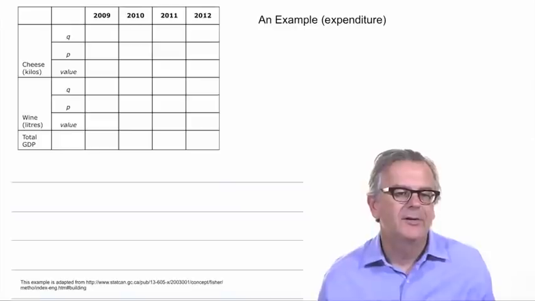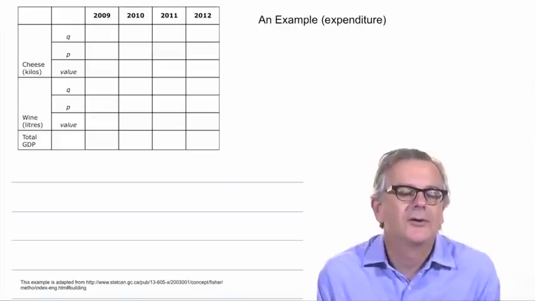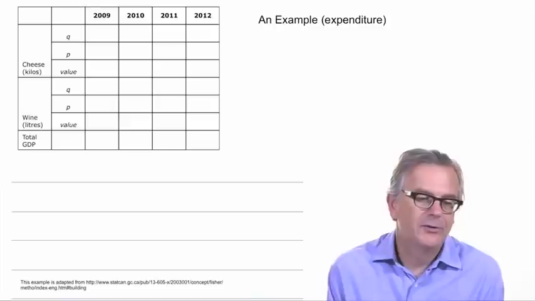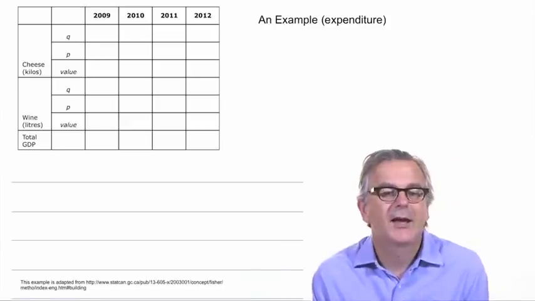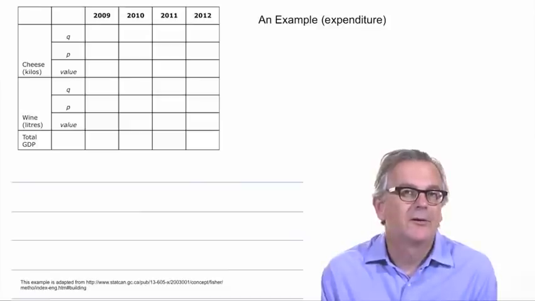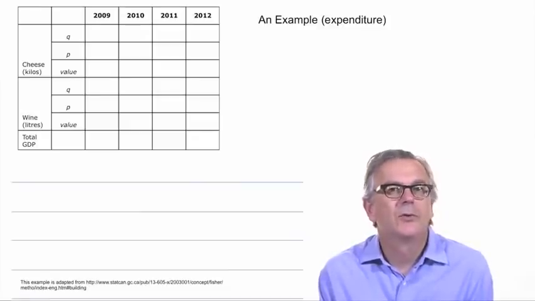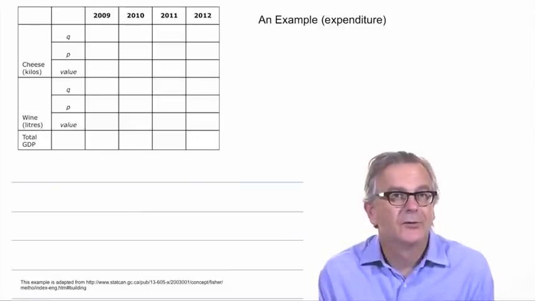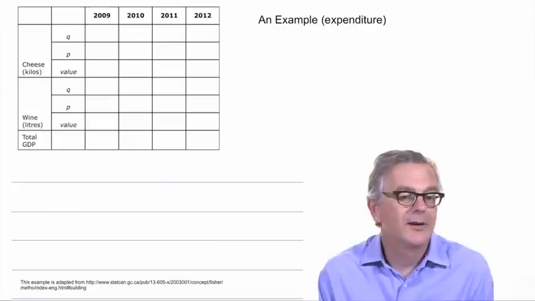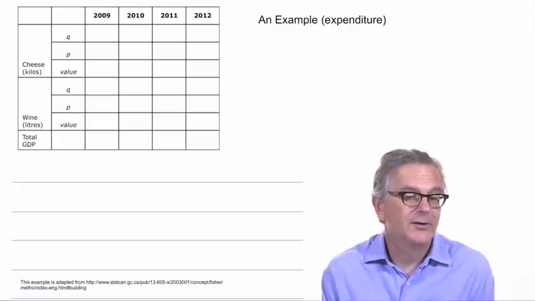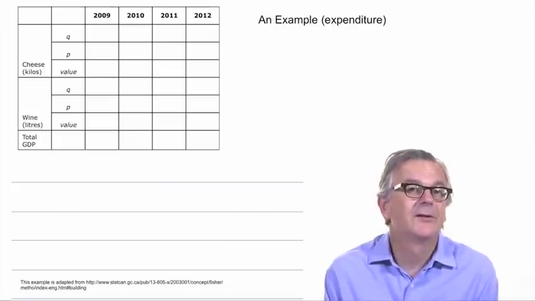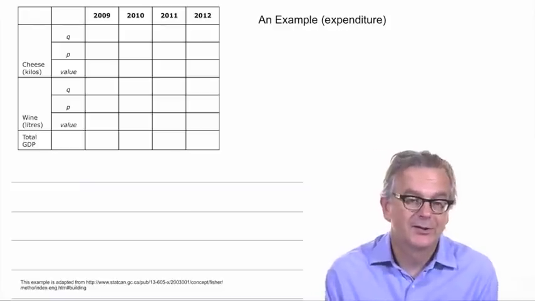I'm going to suppose in a particular economy there are only two commodities that are produced, cheese and wine. What I'm going to explain here will generalise to a real world where there are many thousands, perhaps millions of commodities. But I can make my point in this simple example with just cheese and wine.